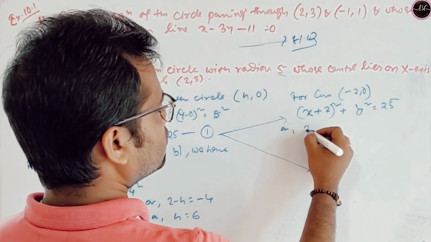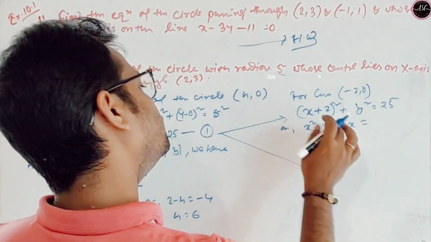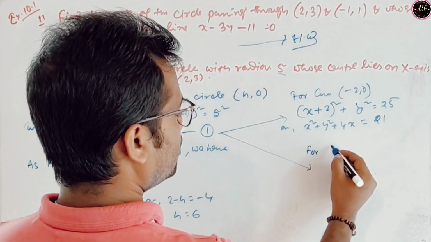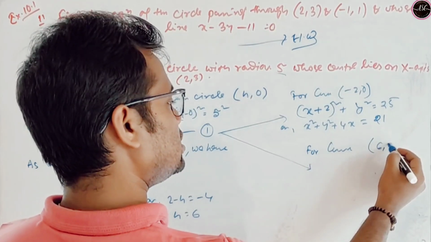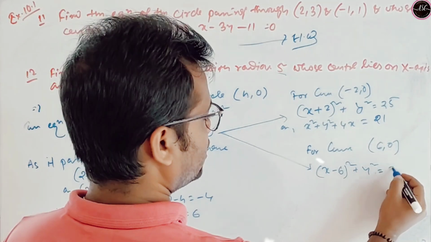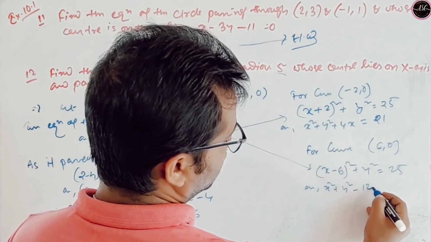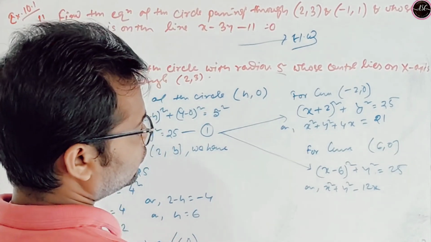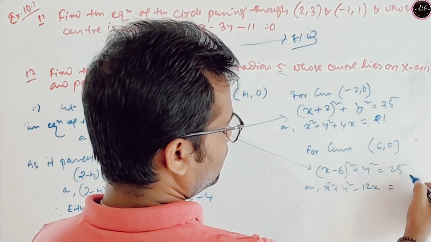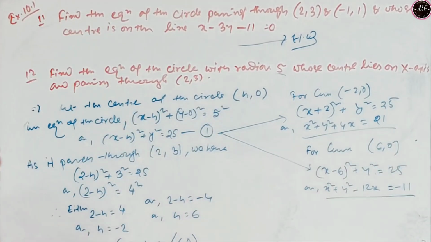By simplifying this, we get x square plus y square plus 4x equal to 21. Okay, and for center 6, 0, we get x minus 6 whole square plus y square equal to 25, or x square plus y square minus 12x equal to 36 minus 25, that means minus 11. Okay, that is your answer.